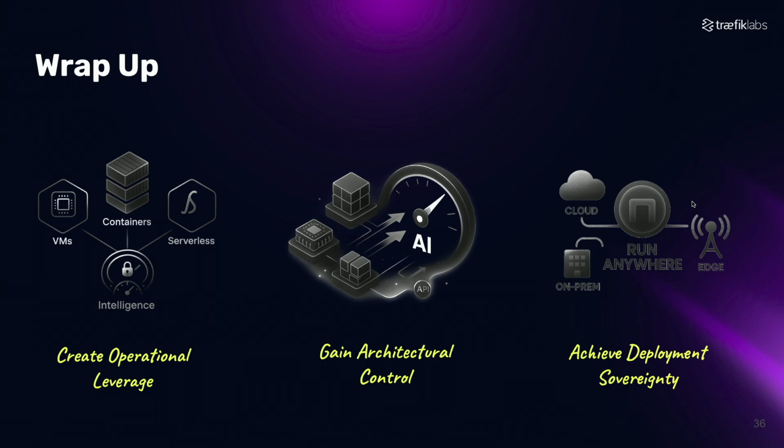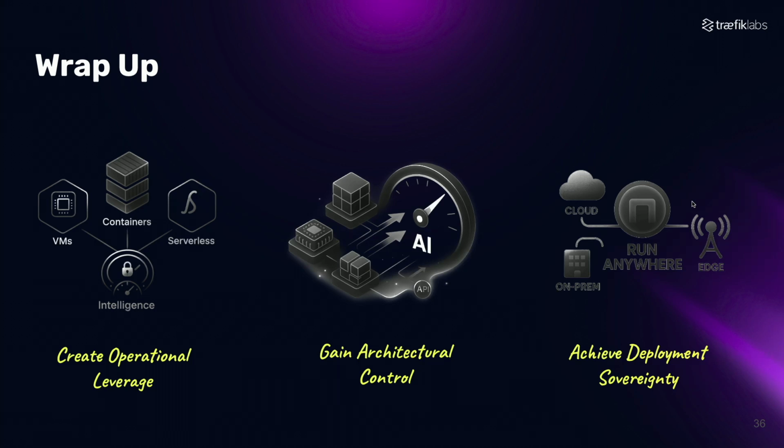With AI, it's really about gaining that architectural control, because without having that decoupled architecture, you're always going to be relying on the cloud provider or whoever else your provider is, their custom implementation of the AI runtime environment. So you want to really decouple it.